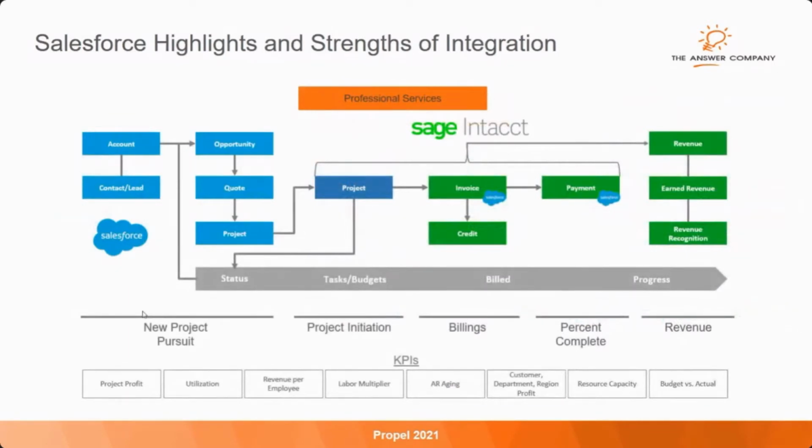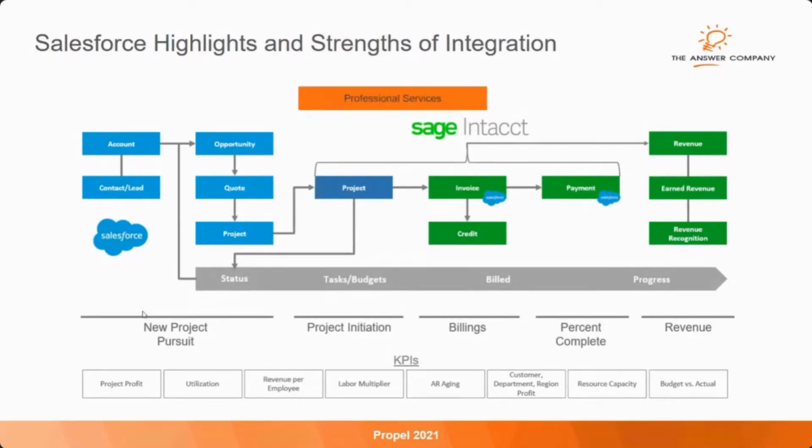When we talk about a professional services standpoint, you can see the workflow of Salesforce, right? You have the general contact and lead, where it becomes an account, potentially an opportunity where you create quotes, and then you create a project. Once you close this project within this opportunity, this project is sent to Intacct, where the project is created in Intacct, where you can invoice based on a time and materials or a fixed fee environment, as well as making the payment, right?